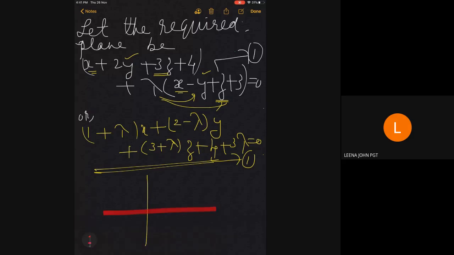You have studied, when two lines are there, the condition of perpendicularity.